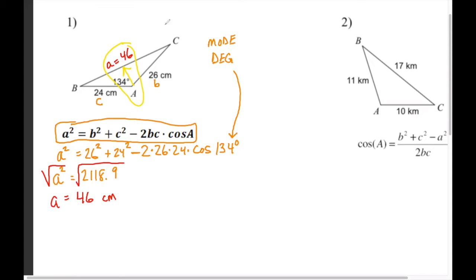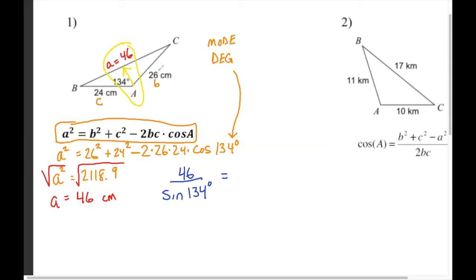So now we will use the law of sines, which we learned in the last unit. So that works as follows. We take this A length of 46 and we compare it to the sine of its opposite angle, capital A, which is 134 degrees. Now we set that equal to a ratio of another side compared to its opposite angle.